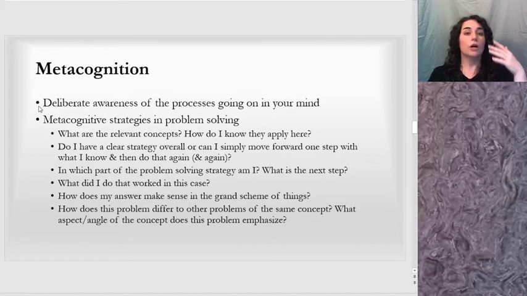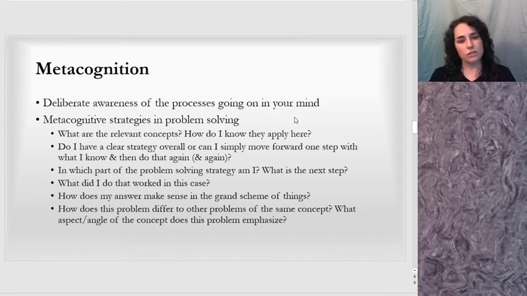And so with the mindful management of that as you're problem solving, can you get a system to fire reliably, consistently, right? Deliberate awareness of the processes going on in your mind. How can you establish this repetition, this productive problem solving and productive learning process to have strong, meaningful learning?